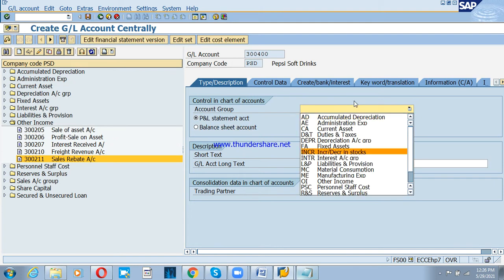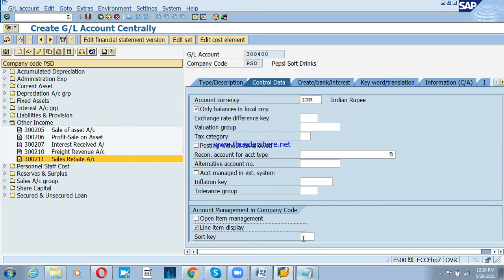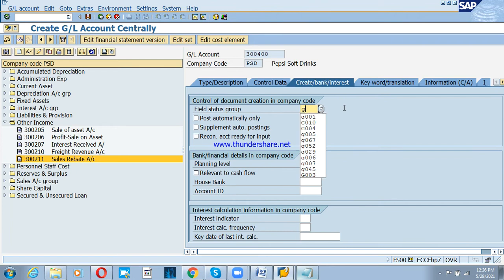Account group, increase or decrease in stock group, P&L account, sales deduction account. Control data, select only balances in local currency, select line item display, sort key 001, click on create bank or interest 001. Save.